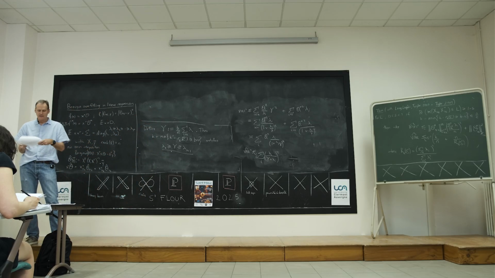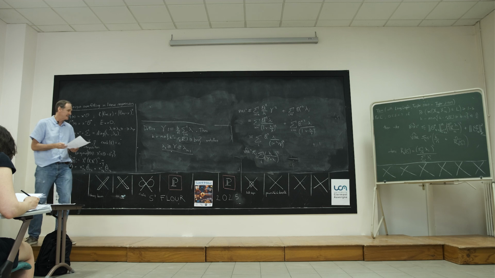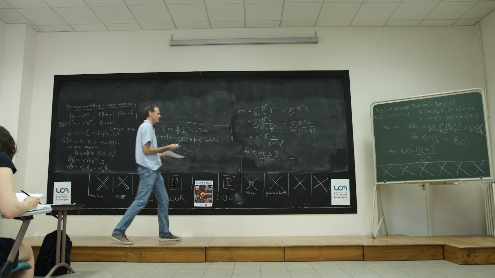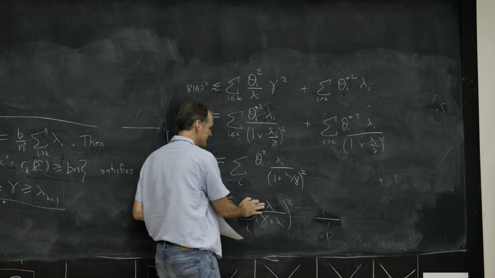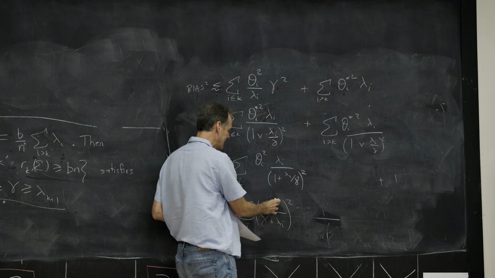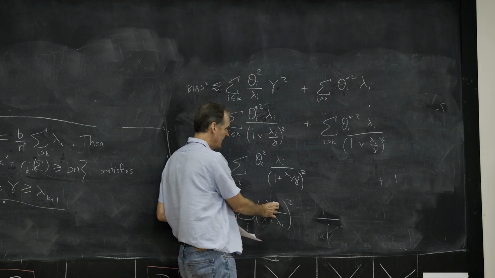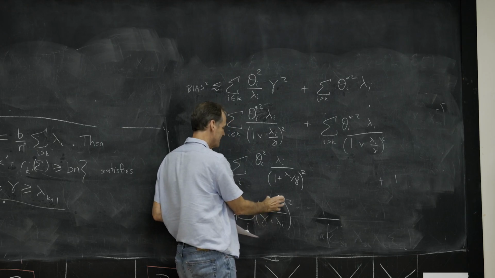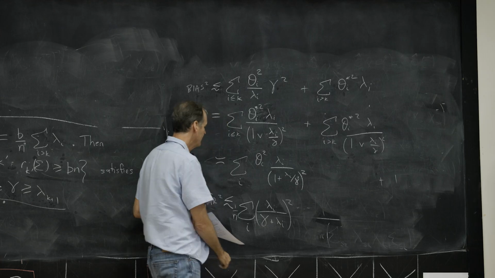And if you're familiar with what happens in fixed design ridge regression, this is exactly what the bias and variance terms look like there, where these lambda_i's are the eigenvalues of the design matrix covariance.